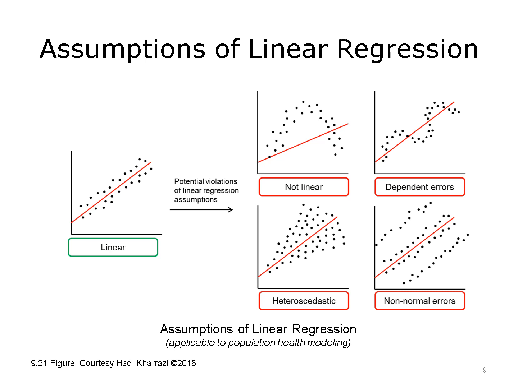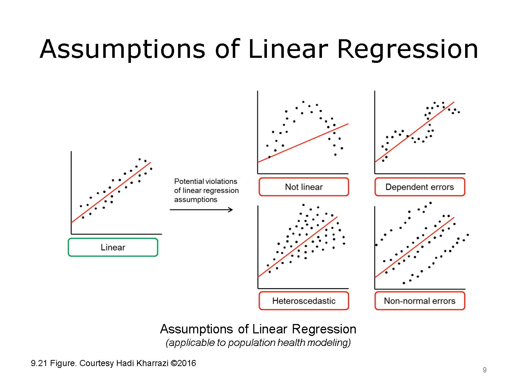As depicted on the left side of the diagram, an ideal scatter plot of a given outcome and one predictor should follow a linear format. Any of the distributions depicted in the scatter plots on the right side may violate the assumptions of the linear regression models. These potential violations could be caused by the following relationships: nonlinearity of the data, dependence of errors, heteroscedasticity of the data, and non-normal errors.